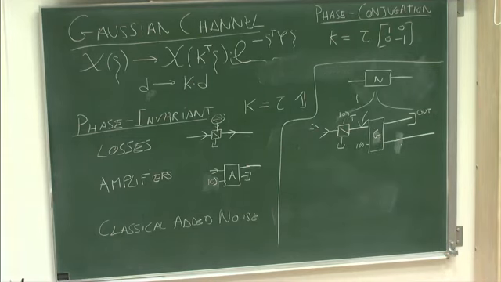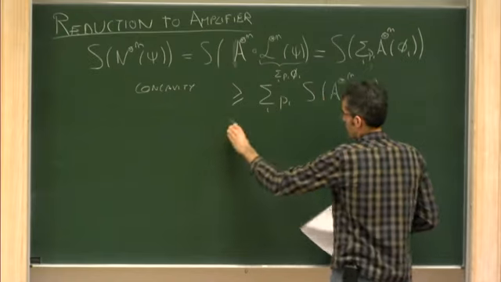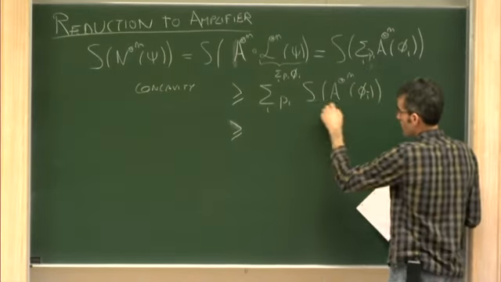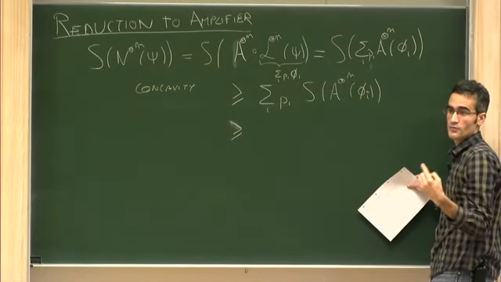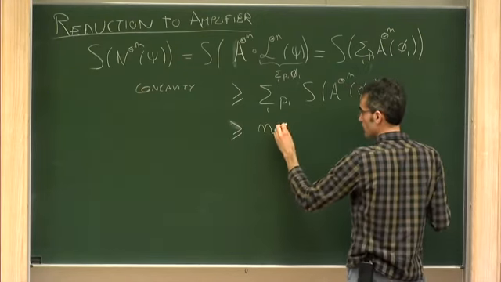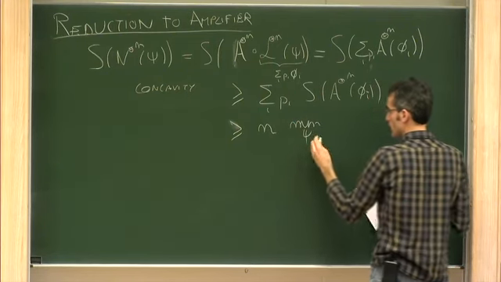So basically, what I can do now is the following. I can lower bound this by n times the state that minimizes the output entropy of a given amplifier. So I can write this as n times the minimum over pure states.